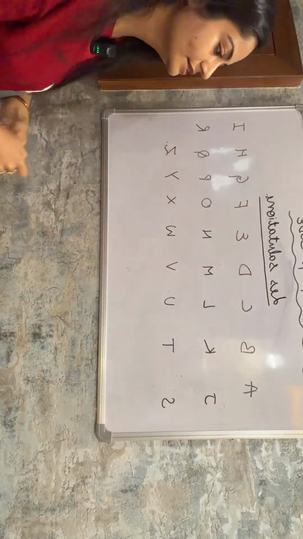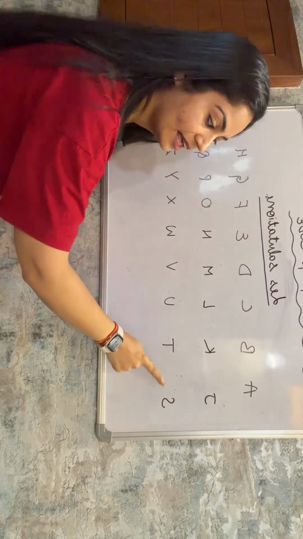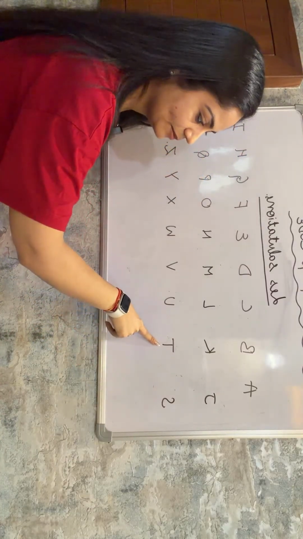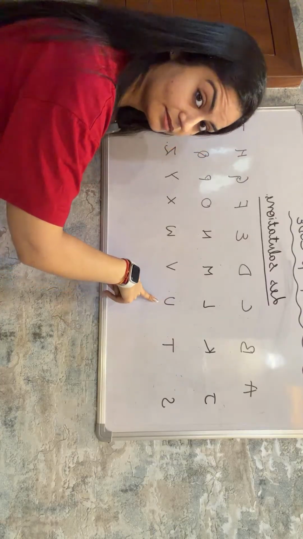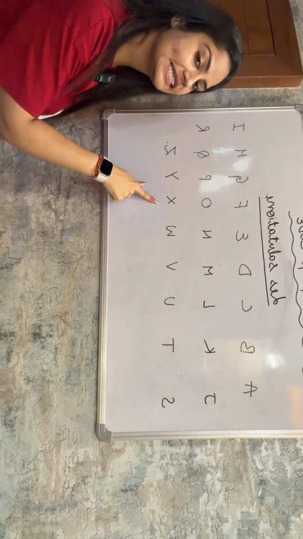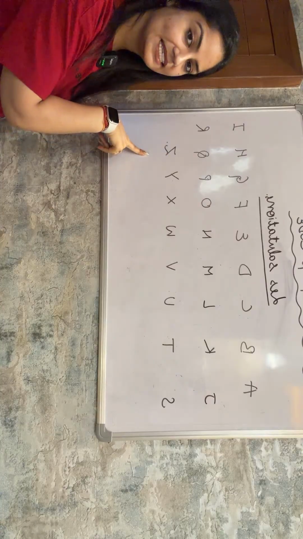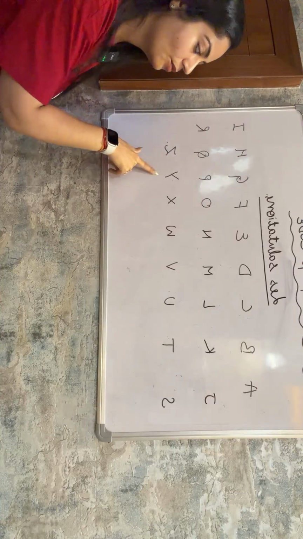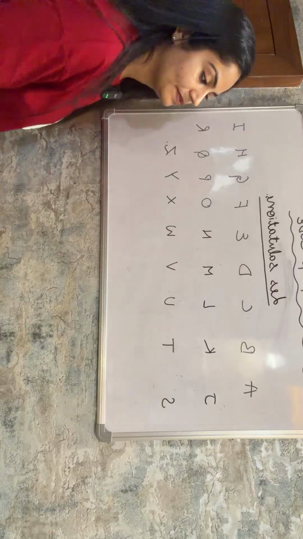Okay, let's do it. S, T, U, V, W, X, Y, Z. Y is not called Y in French, it is Y. Okay.